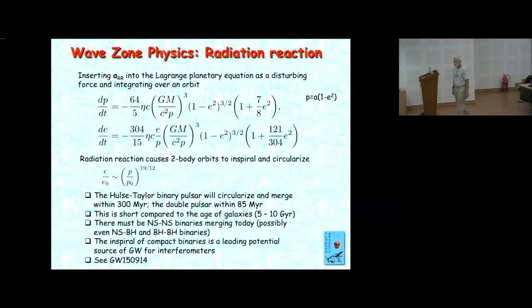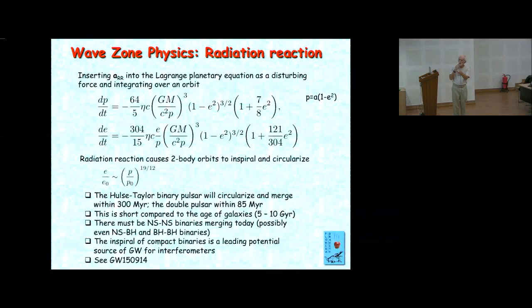So it turns out, for example, that for the Hulse-Taylor binary pulsar, and you can put in numbers, of course, going back to the dP/dt, you can ask yourself, how long will it take for a given binary system with given initial conditions to reach a point where P is effectively 0? You can integrate, especially in the circular limit, but you could also include eccentricity.